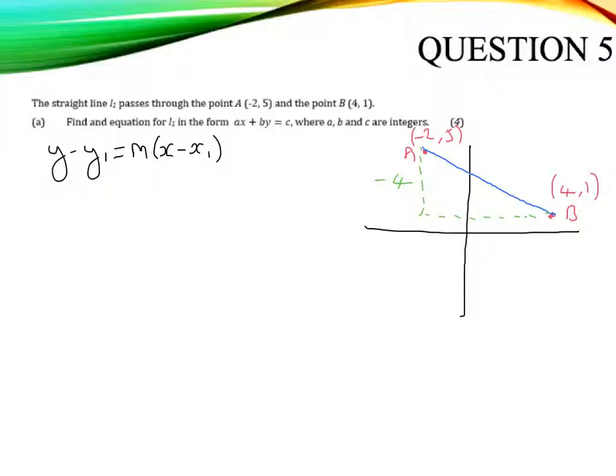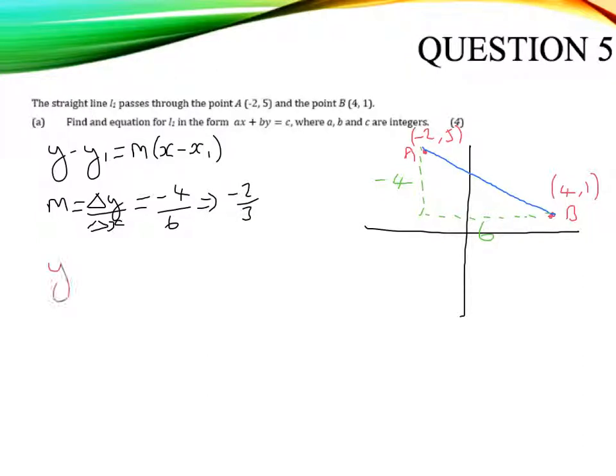Well, I've gone from -2 all the way along to 4, so that has a change of 6. Remembering that m is my change in y divided by my change in x, in this case it's -4 over 6, or we can simplify that further to -2/3. So I've worked out my gradient.